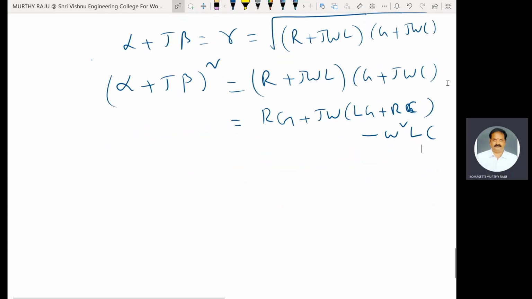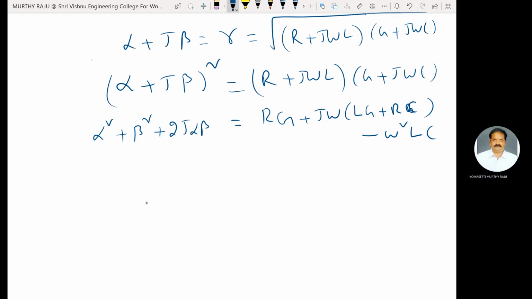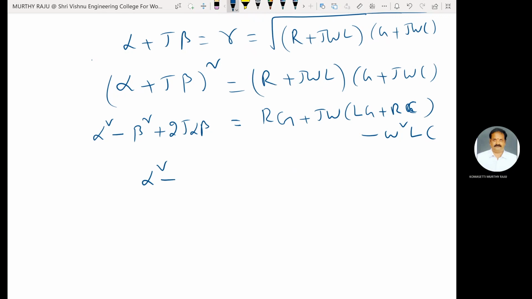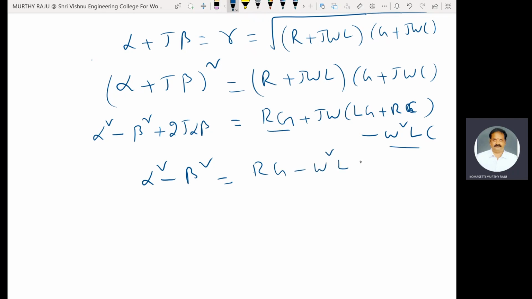Equating real parts and imaginary parts: alpha square minus beta square plus 2j alpha beta. Equating the real part of the equation, alpha square minus beta square is equal to RG minus omega square LC.